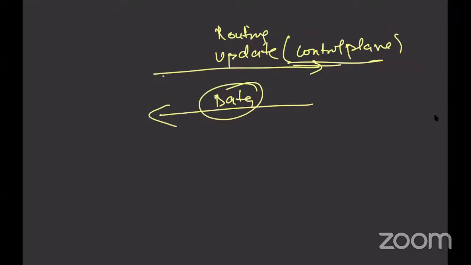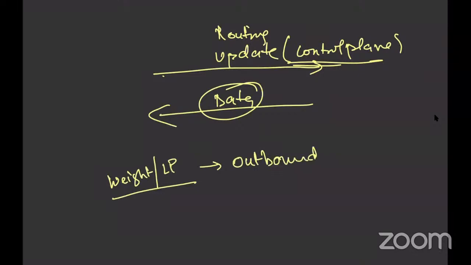Why do we use weight and local preference for the outbound traffic? If you are saying outbound traffic, it means you are influencing the inbound update.